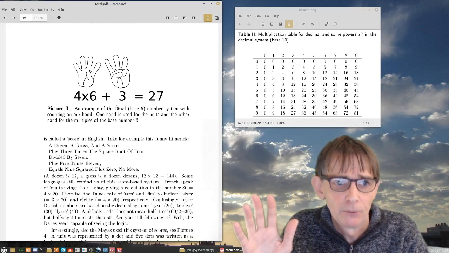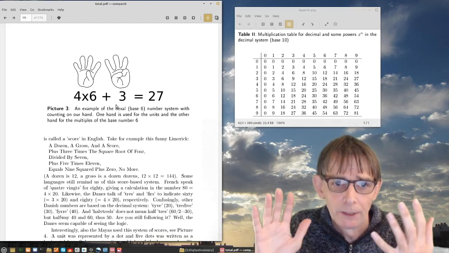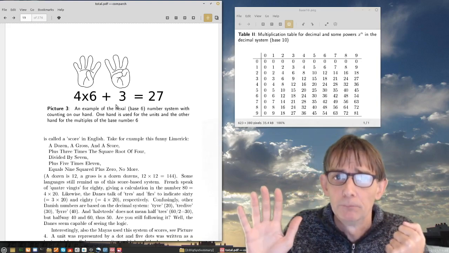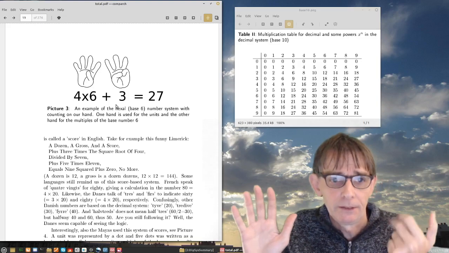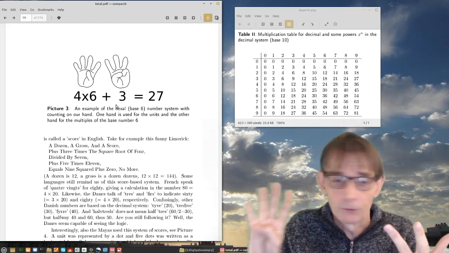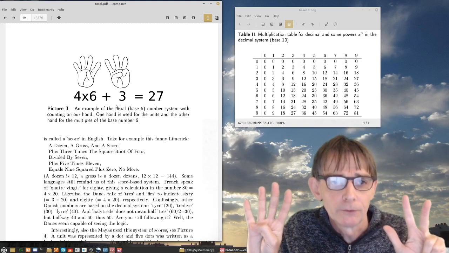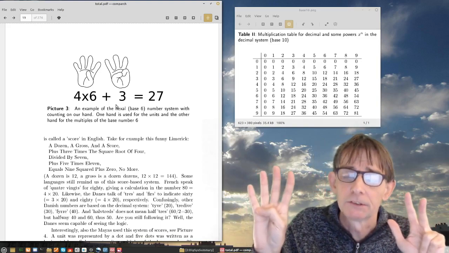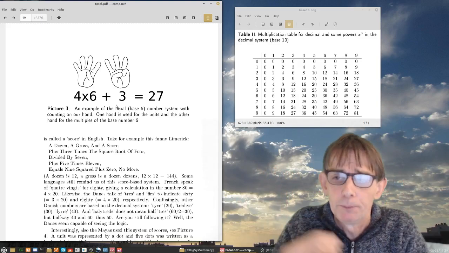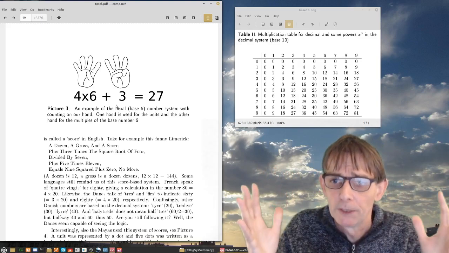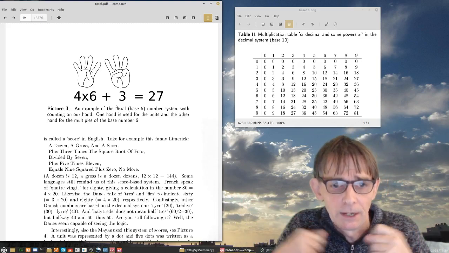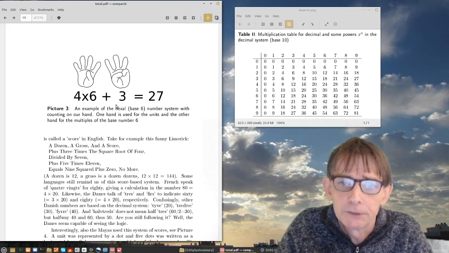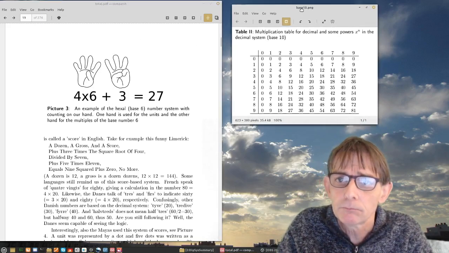Imagine I use my left hand for the units and my right hand for the multiples of the base, like what I've shown on this picture on the left. This would be 3 plus 4 times the base. 4 times the base is 24, plus 3 is 27. So because we have 5 fingers on each hand, the hexal system would be the best, and the decimal system is not good for much.